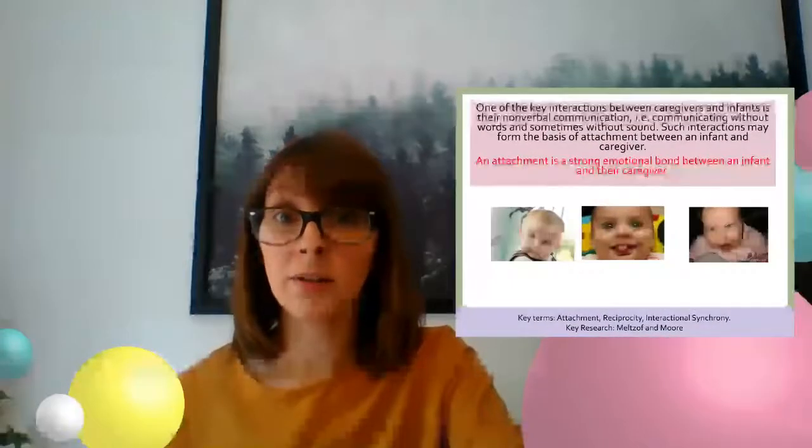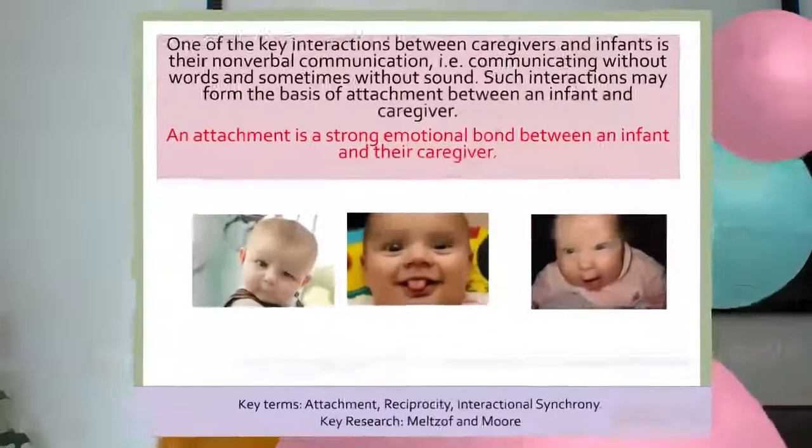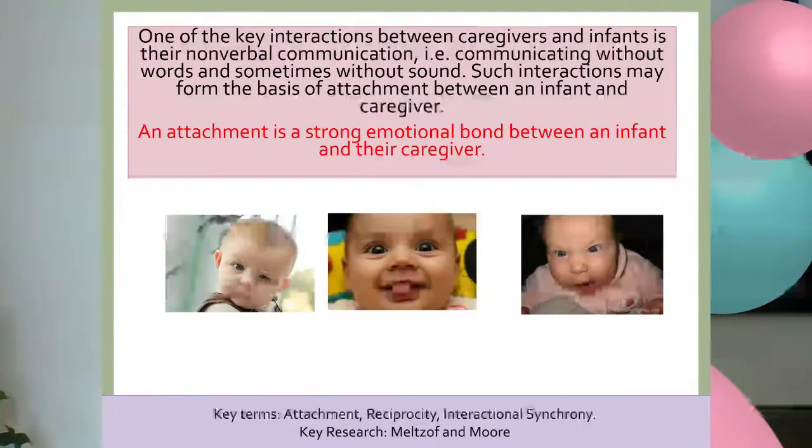So here I've got a little bit of information for us just to get us started. Like I just mentioned, the key interaction between infants and caregivers is non-verbal communication. And this communication forms the basis of lots of important things such as an attachment. An attachment is a strong emotional bond between an infant and their caregiver. So that's a key thing that you need to be aware of.